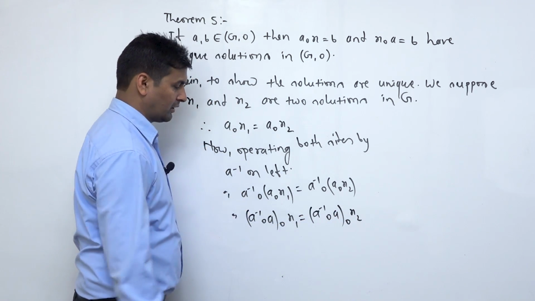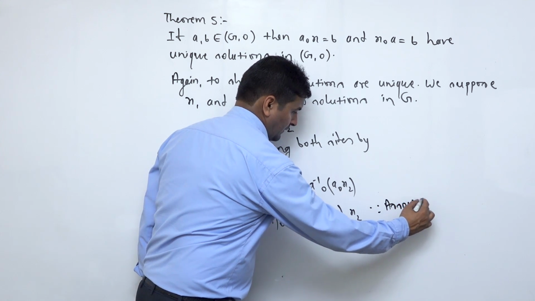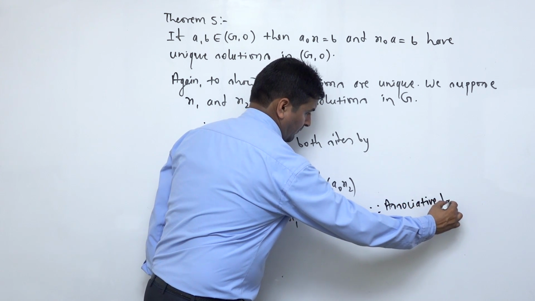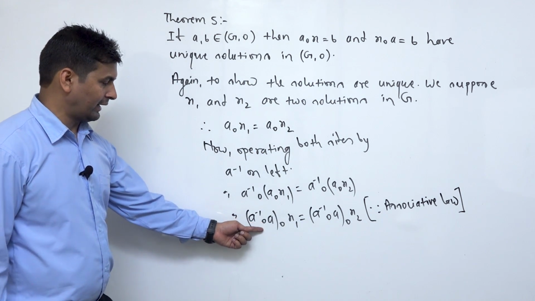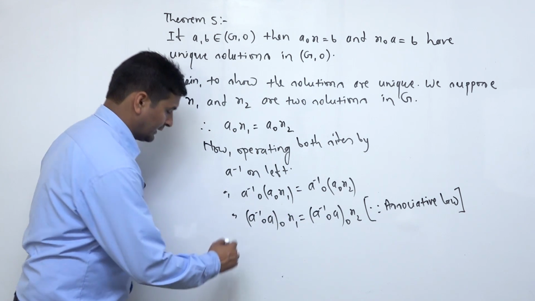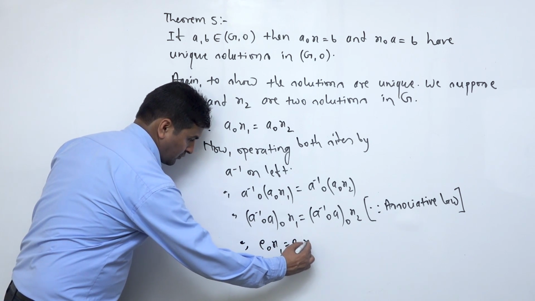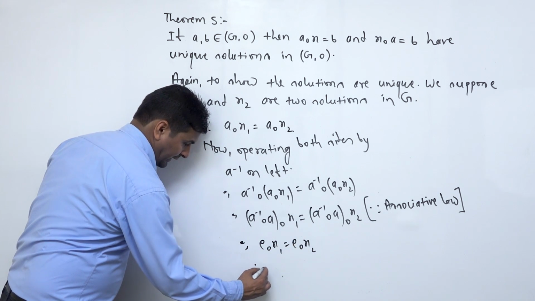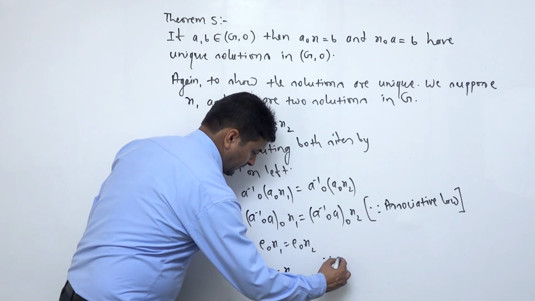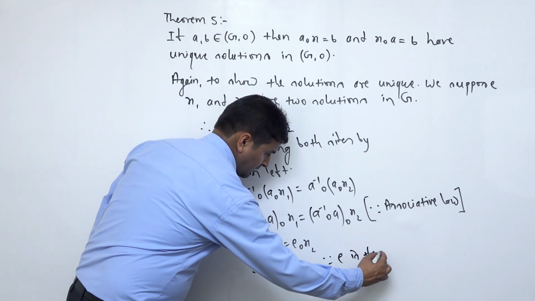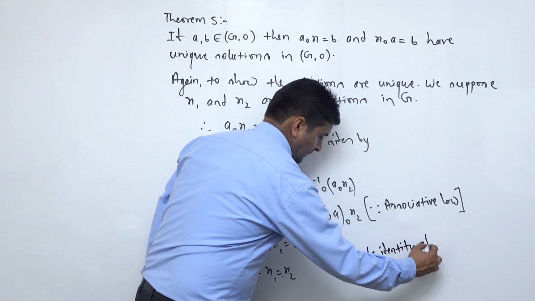This is associative law. Now a inverse not a is e. So e not x1 equals e not x2. Therefore, x1 equals x2, since e is the identity element.